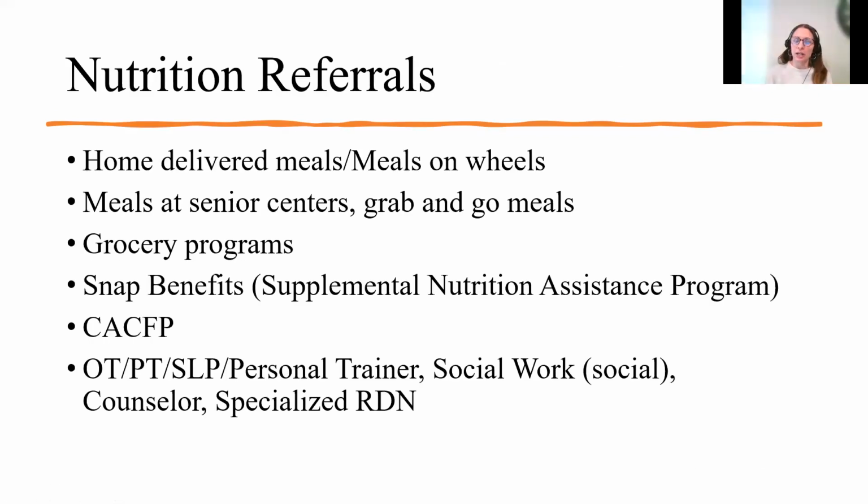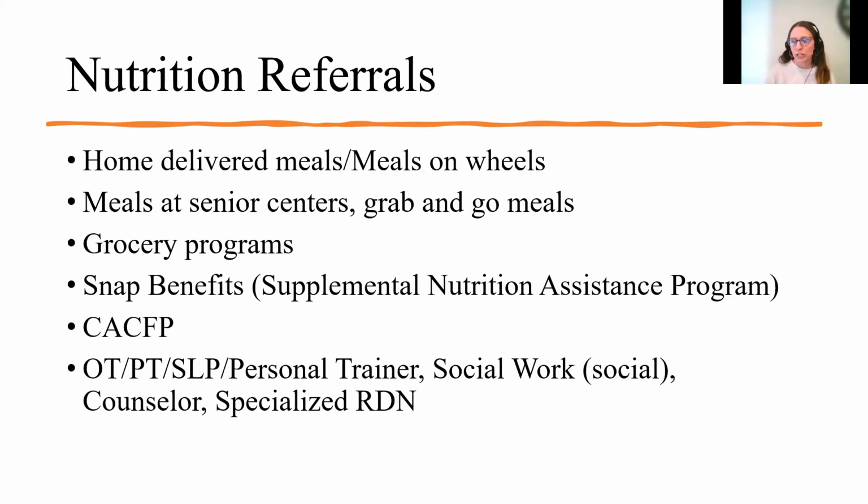The next component of our intervention, besides food intake and education, is who else do we need to coordinate care with? Is it home delivered meals, meals on wheels, senior centers, grab and go meals, grocery programs if they have grocery delivery, helping them out with that. Maybe there are some supplemental food assistance programs like SNAP, or a local child and adult care food program they can participate in.